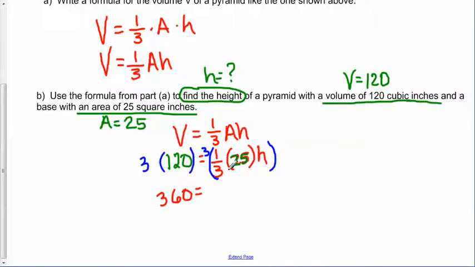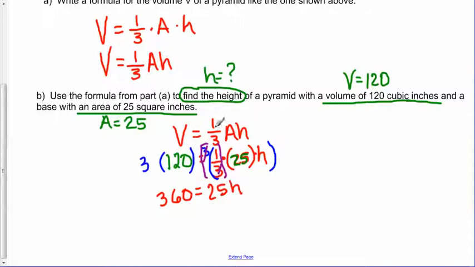On the right side, notice that the 3 and the 1/3 are going to cancel with each other. Because this is all multiplication over here, there's no distribution to be done. If these were being added, we would distribute, but because it's all multiplying, we just regroup. Let's put the 3 and the 1/3 together. They cancel out and just become 1, and that's just going to leave us with 25h on the right side of our equation.